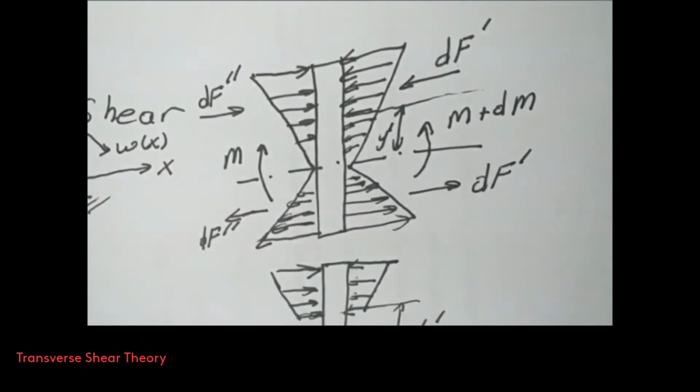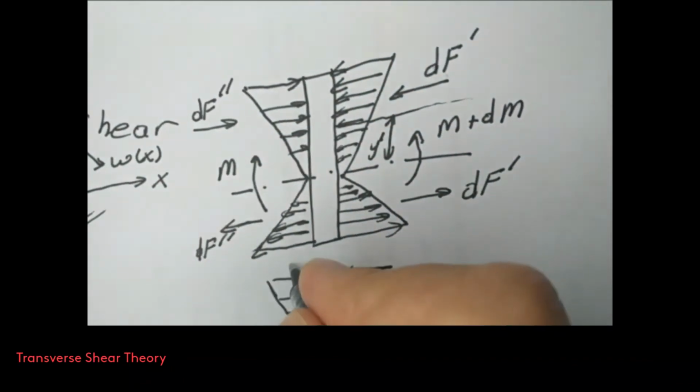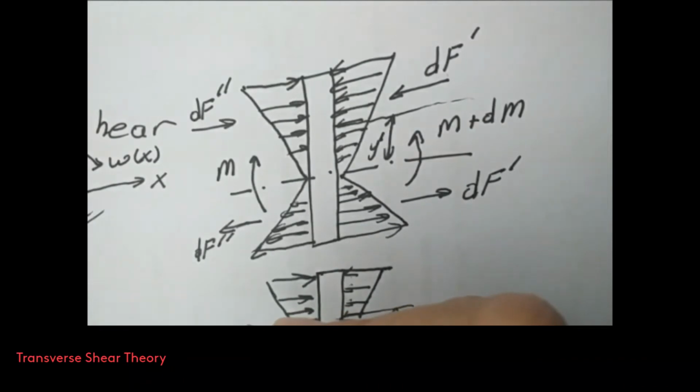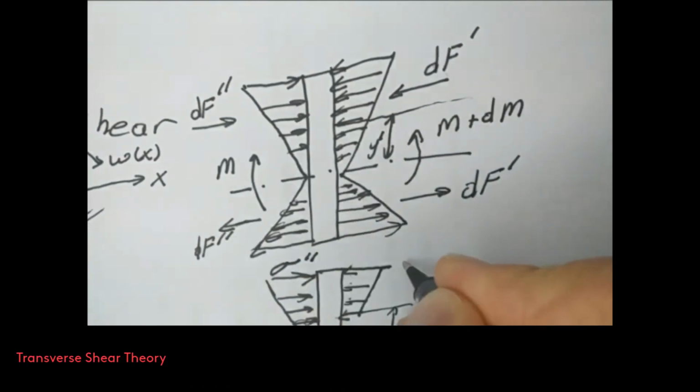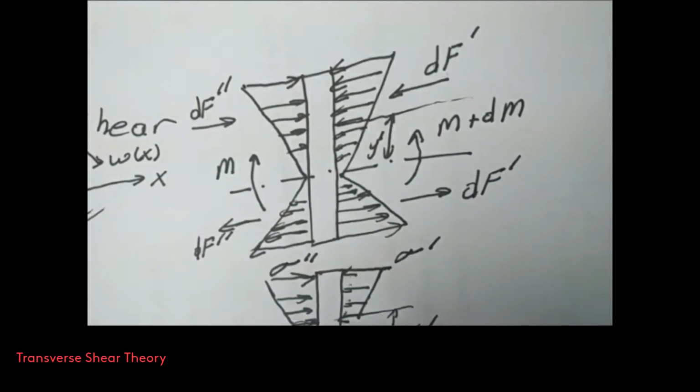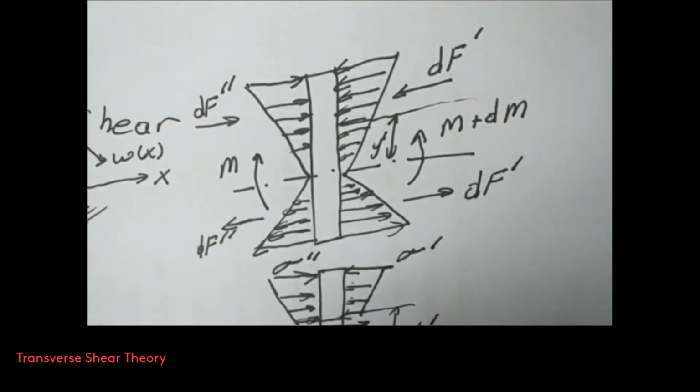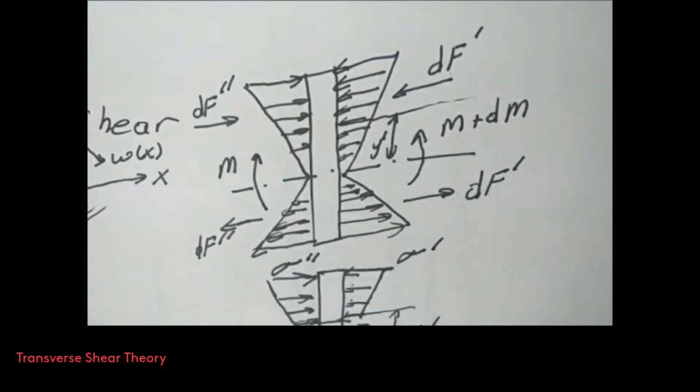Let's say that this is on one side, this is sigma 2 prime, and this is sigma prime, and at this cross section I have the shear stress tau at the interface, because this shearing force will certainly try to cut.